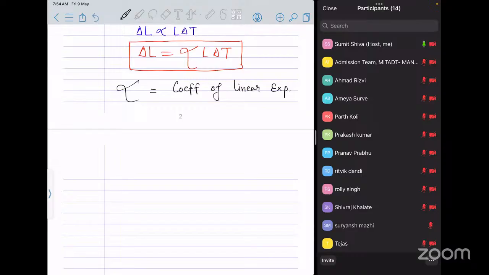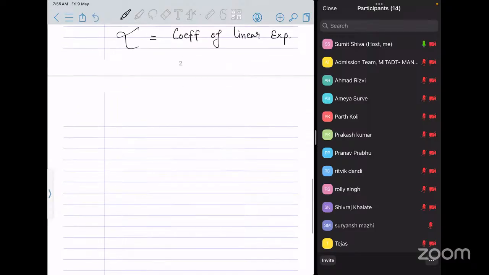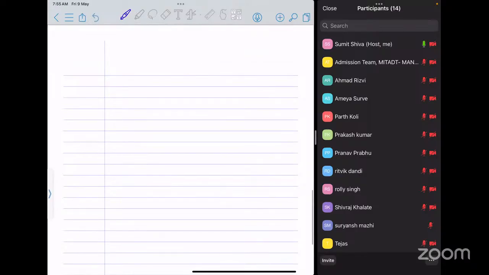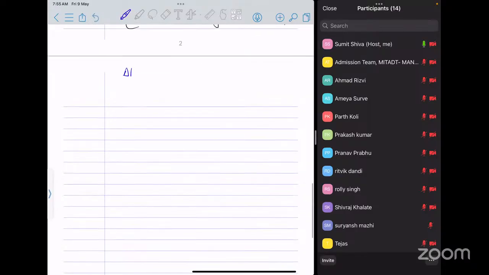That is true. Now we have delta L. Delta L is the change in length. In some books we write it as delta L is L final minus L initial, which is equal to alpha L delta T. And in this case, L is L initial, the initial length.